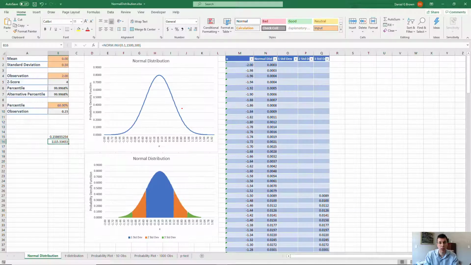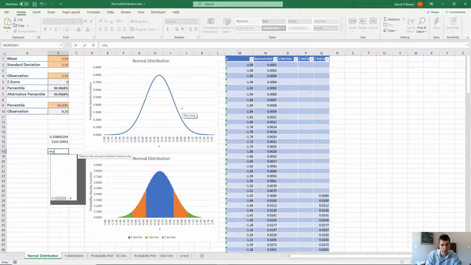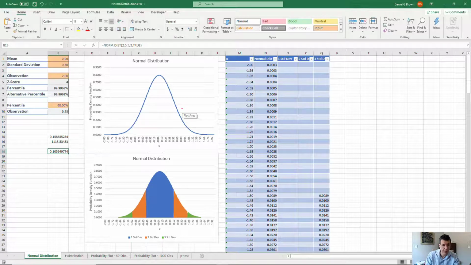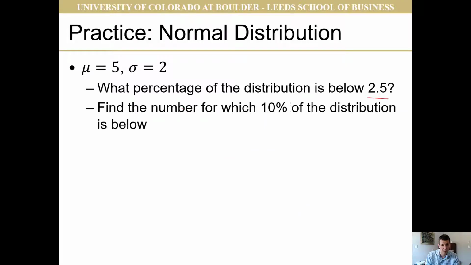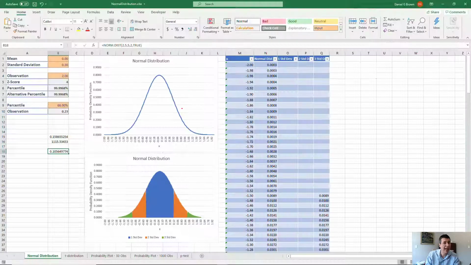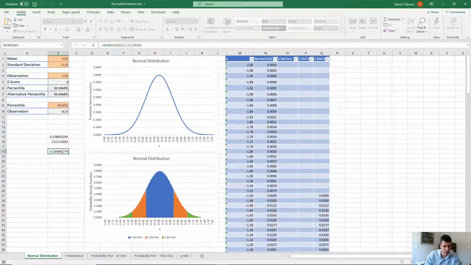So we go equals norm.dist, 2.5, 5, 2, true. 10.56%. 5 is our mean, standard deviation of 2. What percentage is below 2.5? 2.5 is our first parameter, then mean, standard deviation, true. That'll tell us the percentage of the distribution, 10.56%.